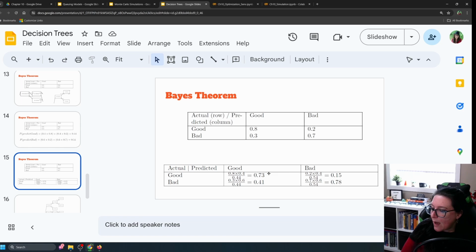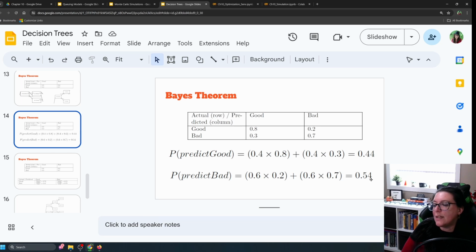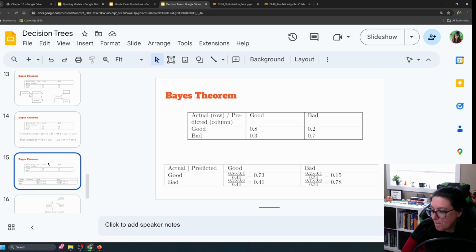So you can see how we're getting these different probabilities of what they predicted versus what it actually is. In terms of predicted bad, the probability they predict bad when it's actually good is 20%, times the probability that the good economy actually happens, 40%, divided by the probability of them predicting bad, that 54%.